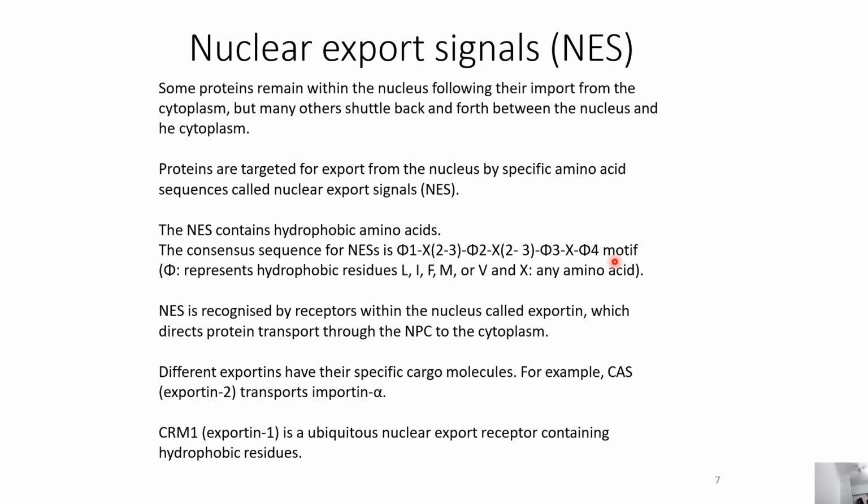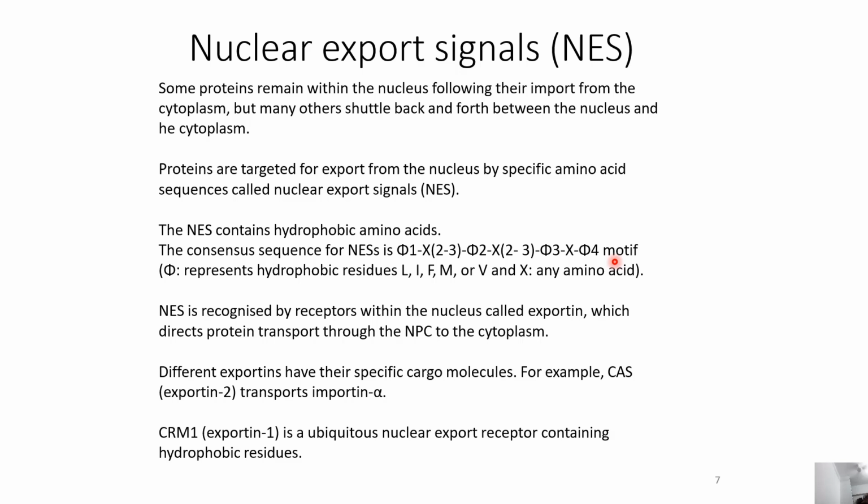Sometimes proteins remain within the nucleus following their import from the cytoplasm, but many others shuffle back and forth between the nucleus and the cytoplasm. Proteins are targeted for export from the nucleus by specific amino acid sequences called nuclear export signals. The NES contains hydrophobic amino acids.